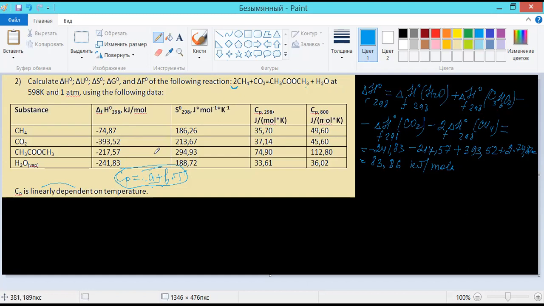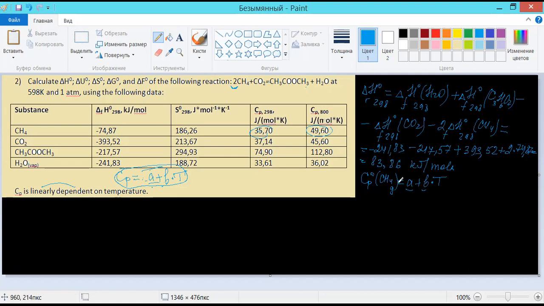So we can write that the heat capacity of methane gas equals A plus B times T, right? And now we're supposed to find these 2 coefficients A and B. Let's take a look at the values contained in this table.